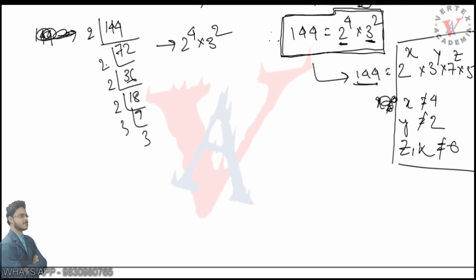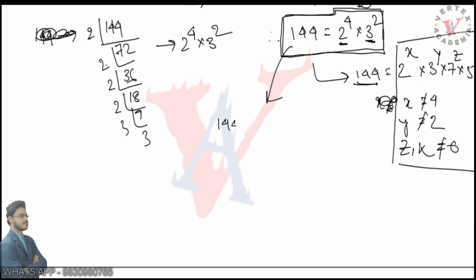So if you multiply by 5 to the power 0 or 7 to the power 0, it remains unchanged. That's why I have written z, k not equal to 0. If we take anything other than 0, then it will not work, because 0 gives only 1. Anything to the power 0 is 1. So basically there is no other way to express 144 in its prime factors other than 2 to the power 4 and 3 square. This is unique.